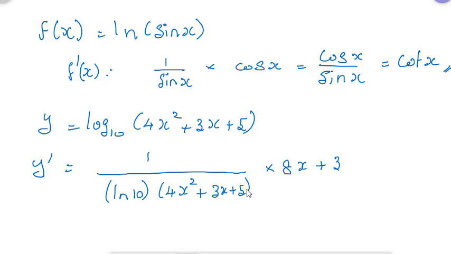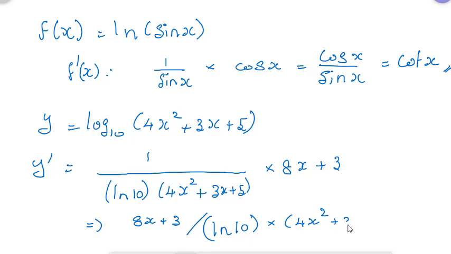And the constant does not have any x value, so it's 8x plus 3. So I can write the value as 8x plus 3 over ln of 10 times 4x squared plus 3x plus 5. So that's the finalized answer for the question.